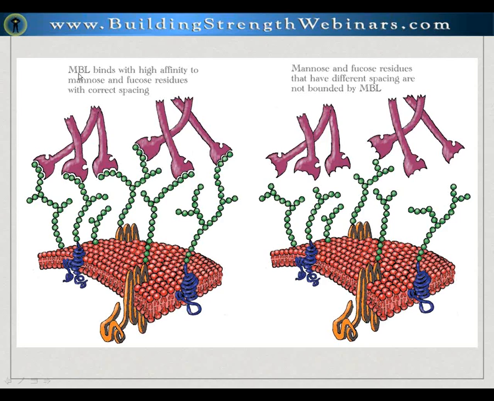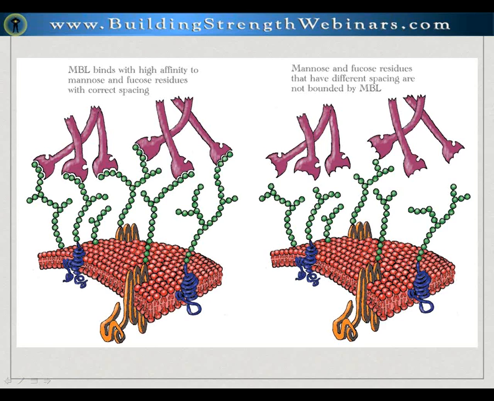And the mannose-binding lectin or protein has a high affinity for mannose and fucose. And spacing is really important on the cells, whether it will bind or not. If these receptors are not spaced correctly, it won't bind. So cells can protect themselves by having the normal, healthy arrangement.